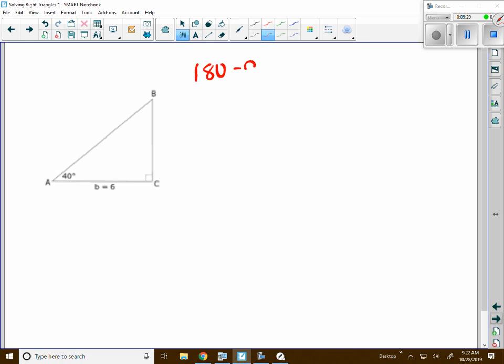So 180 minus my 90 degrees minus my 40 degrees. That's going to give me my third angle, which happens to be what? 50 degrees. If you're not sure, go ahead and do it in your calculator. No big deal. And that's going to be angle B. Angle B is 50 degrees.